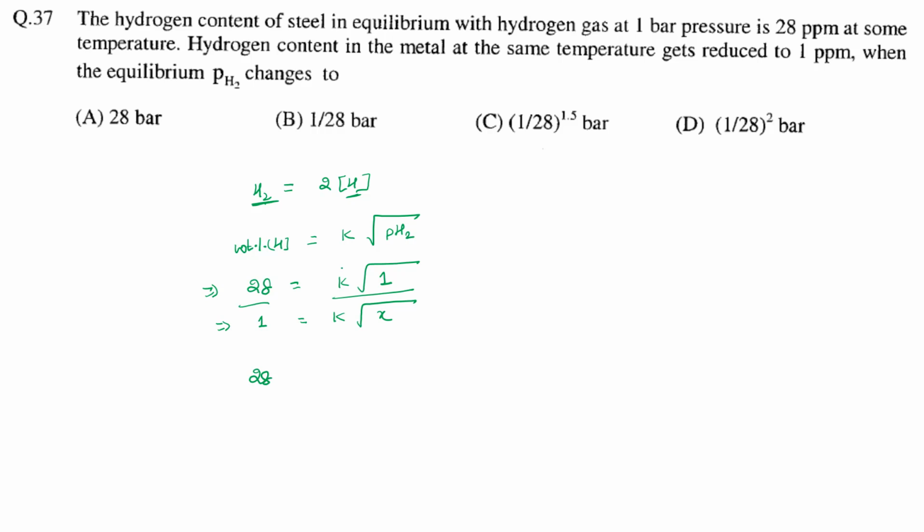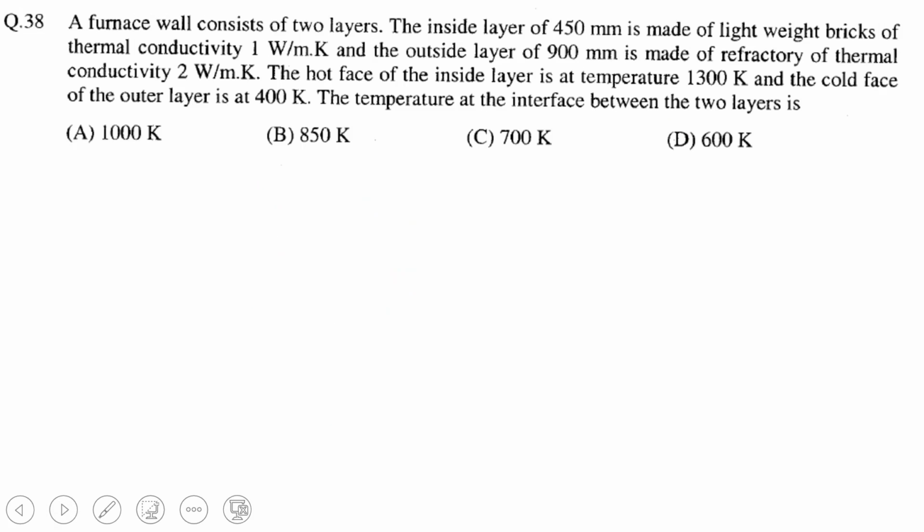So it will be 28 by 1 is equal to 1 by root X. So this implies X is equal to 1 by 28 whole square. Okay, so it matches with option D.